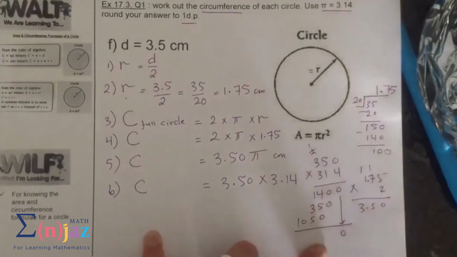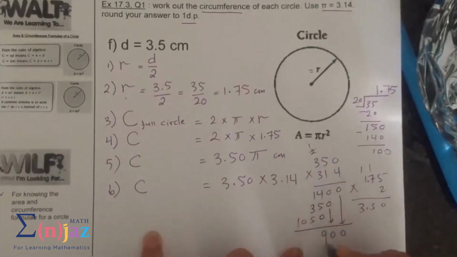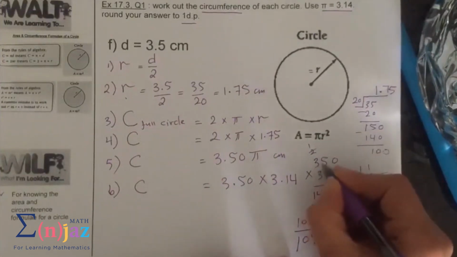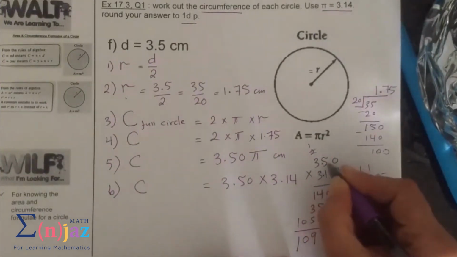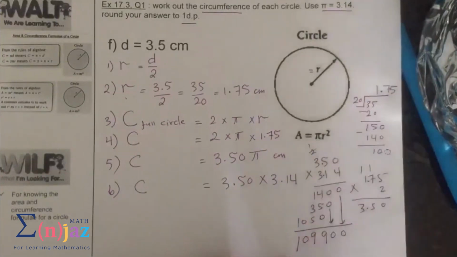Bring this one down is 0, bring this one down is 0. 4 plus 5 is 9, 1 plus 3 is 4, 4 plus 5 is 9, 0, 1. Decimal here and decimal here. So we have 1, 2, 3, 4, 1, 2, 3, 4.